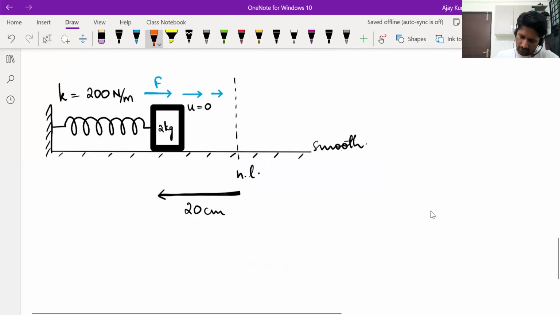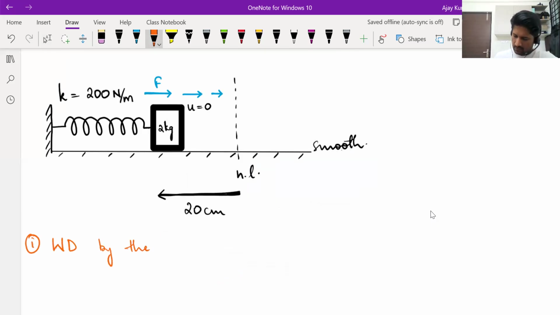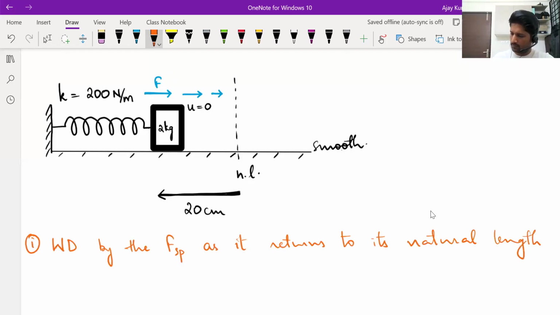First thing I want you all to calculate is the work done by the spring force as the spring returns to its natural length. Let us discuss this and solve.